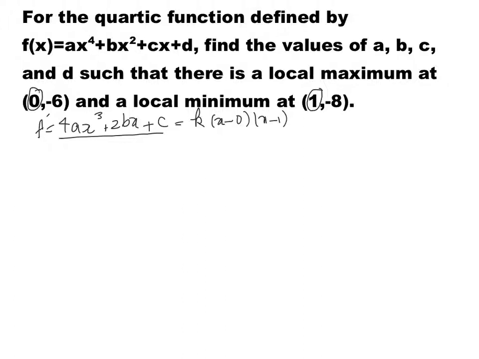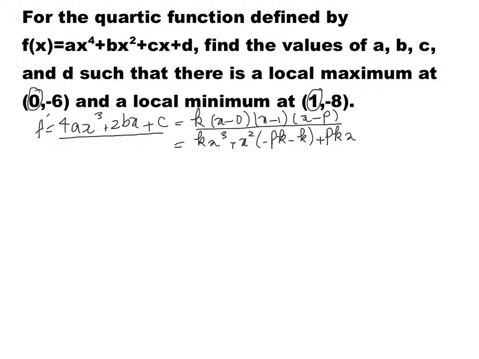And since it is a cubic, let's say the third root is p, which is unknown. Now, if I expand this and simplify it, I'm going to get kx cubed plus x squared times negative pk minus k plus pkx. You can just do it yourself and you will see that you will get exactly the same expression.